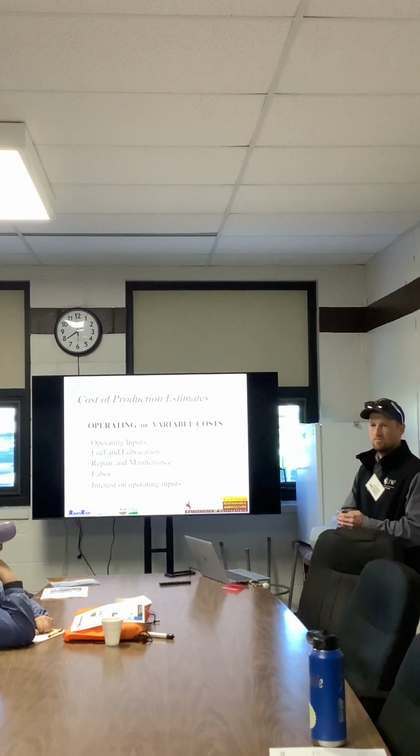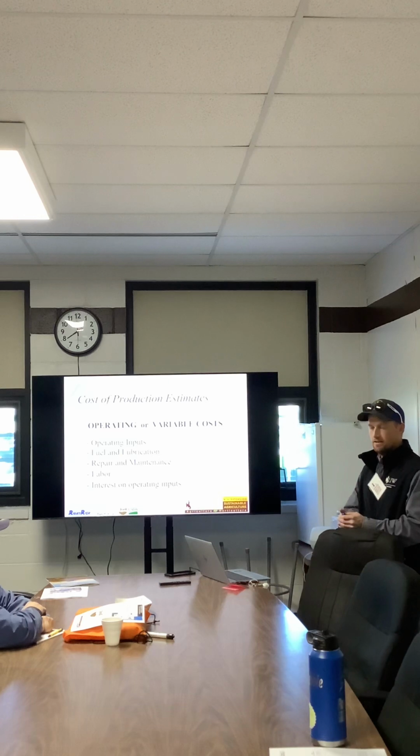So these are costs that are gonna be incurred as we produce that unit that we're doing, whether it's tons of alfalfa, or number of head, or each individual animal. These are costs we're gonna incur only if we produce something.